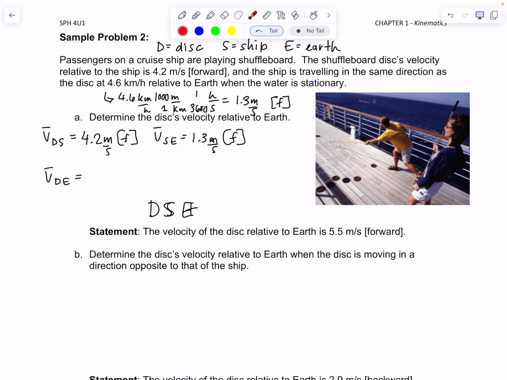So I am going to add up the velocity of the disk relative to the ship plus the velocity of the ship relative to the Earth. My starting variable is D. My last variable is E. My answer will therefore be DE.